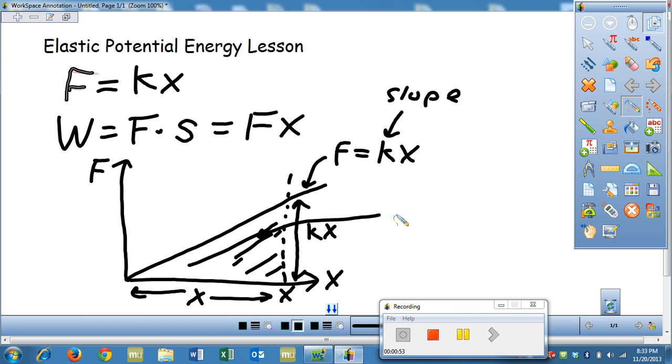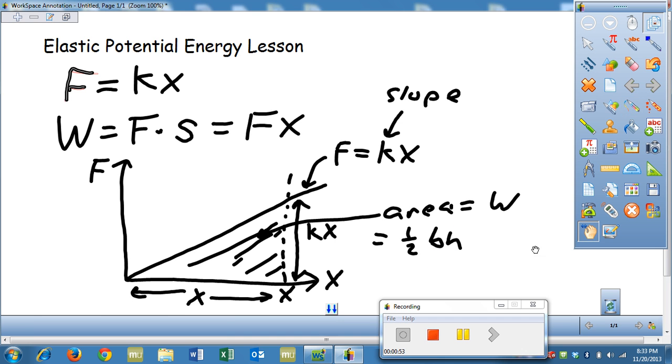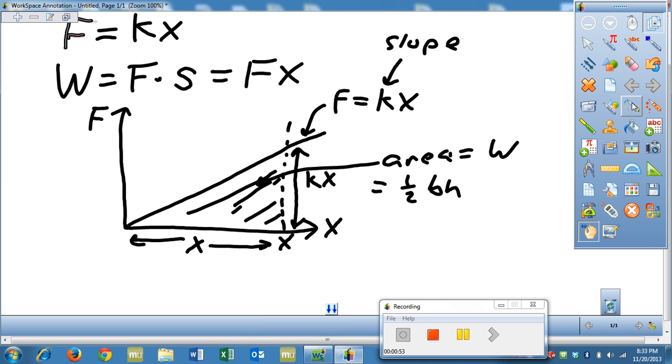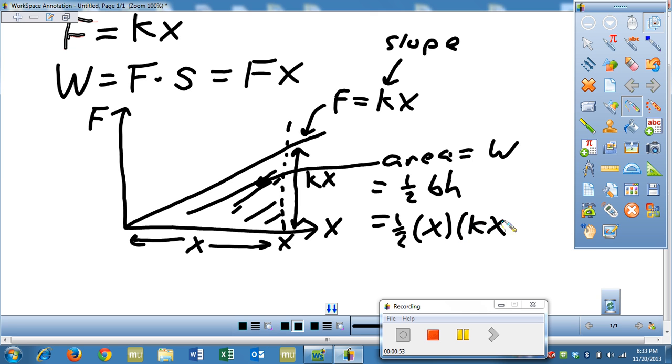Okay, so area equals work. Well, that's equal to 1/2 base times height, since it's a triangle. So that's 1/2 times x times kx, or 1/2 kx squared.